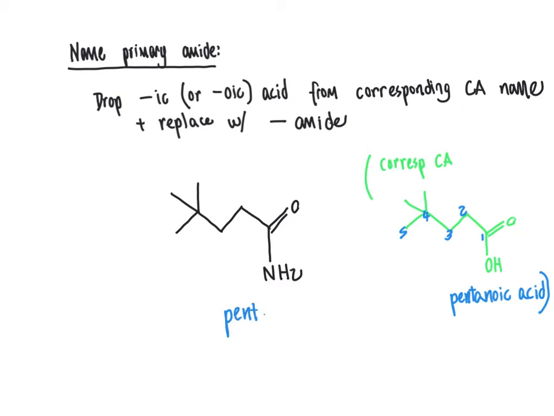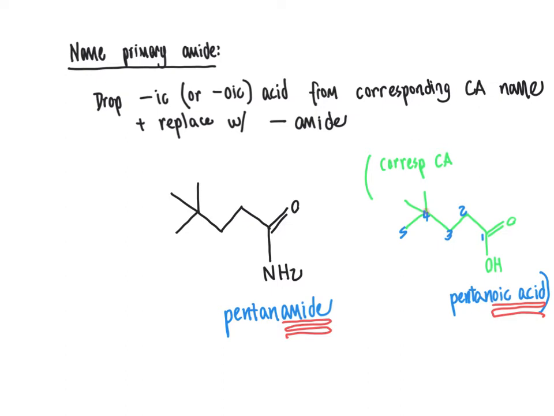So pentan, removing the oic acid part from the name and replacing it with amide gives us pentanamide. So rather than pentanoic acid, pentanamide, because we have dropped the oic acid part of the name. So in other words, we dropped this oic acid part of the corresponding carboxylic acid name and we replaced it with the term amide. Now, just like in naming the corresponding carboxylic acid, we have to identify the branches as well.